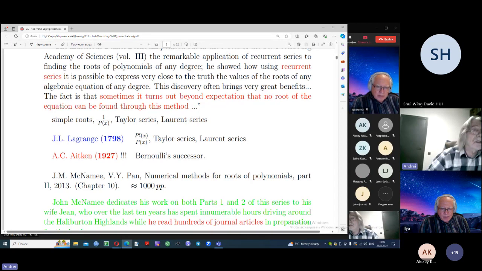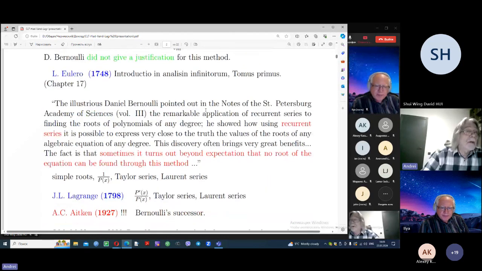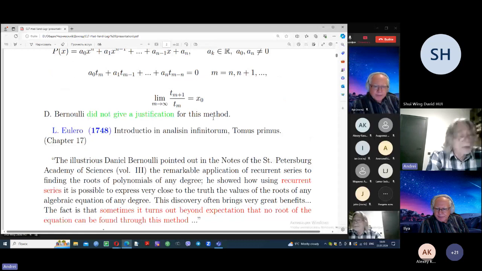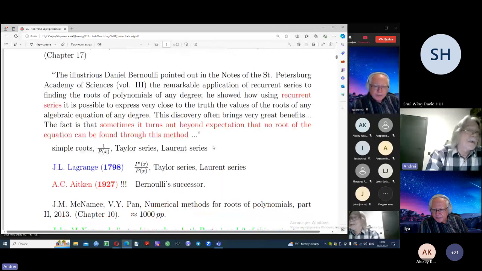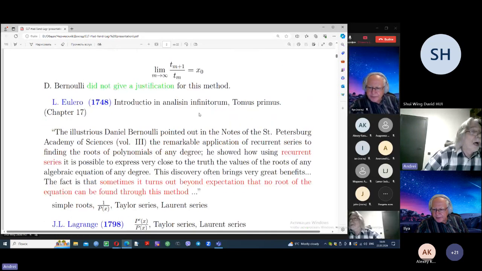Again he considered the corresponding Taylor series and Laurent series, and again proved the same formula. Of course, not always do we have convergence here, but under certain assumptions, for example if there is only one root of maximal modulus.